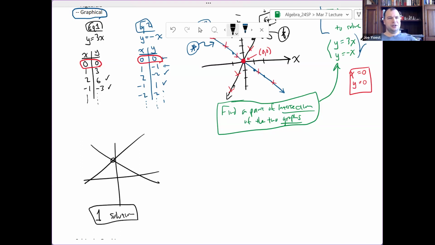This is our typical or standard case, but similar to equations in one variable, we have some special cases. I could plot two lines, and they could happen to be perfectly parallel.